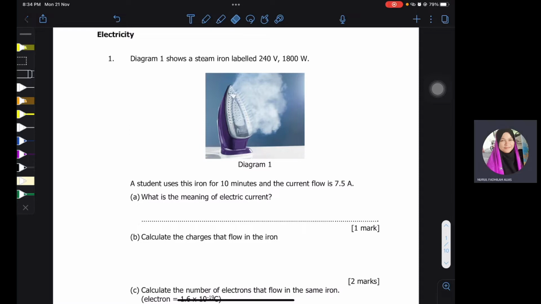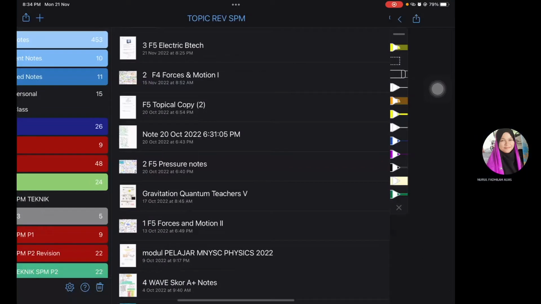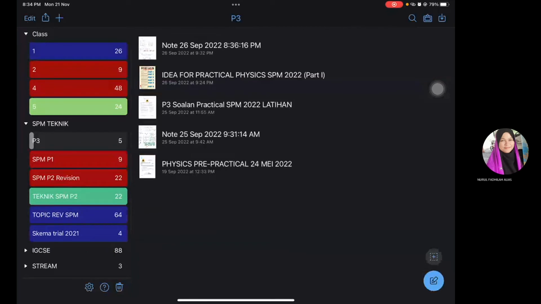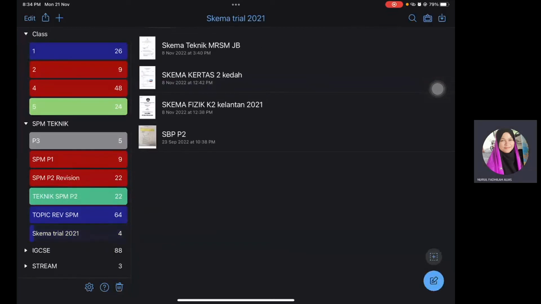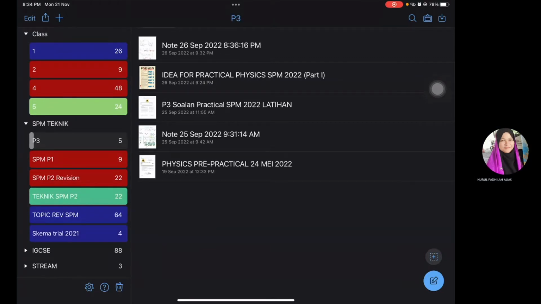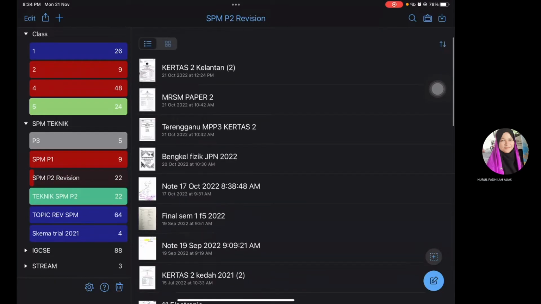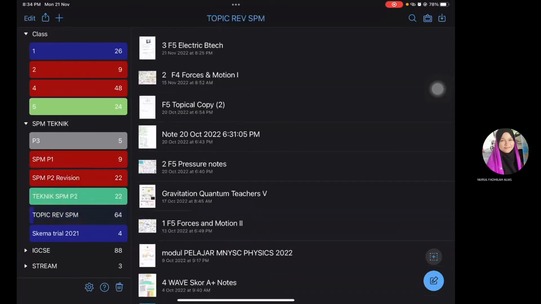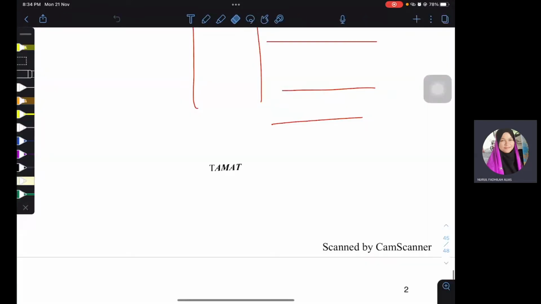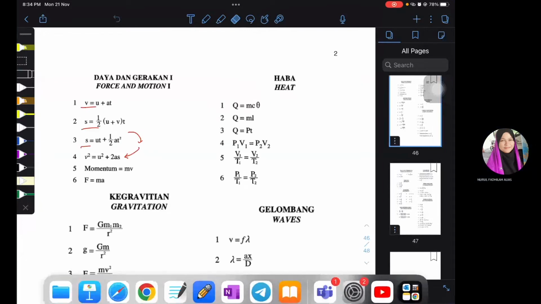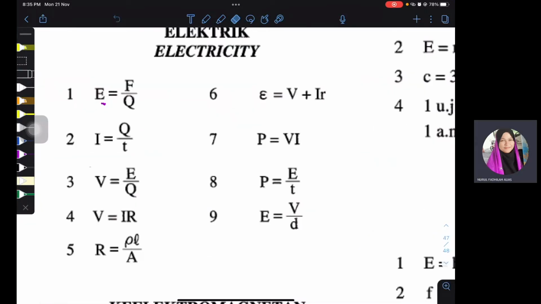So let's check, is there a formula? If you look at the formula, T is the time.